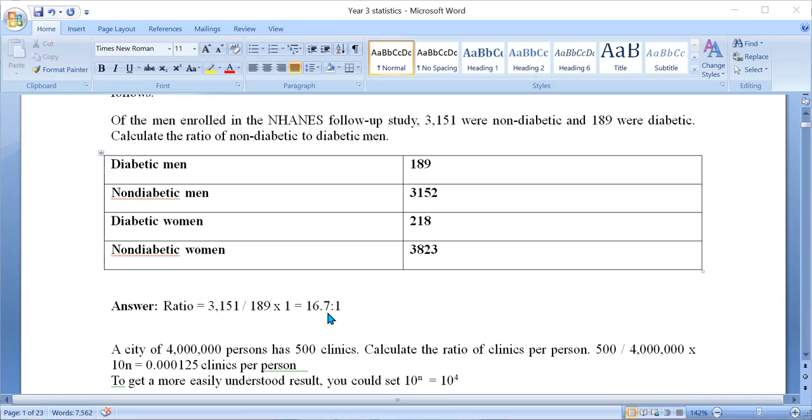It's trying to describe that to every one diabetic man, there are 17 non-diabetic men who participated in the study.